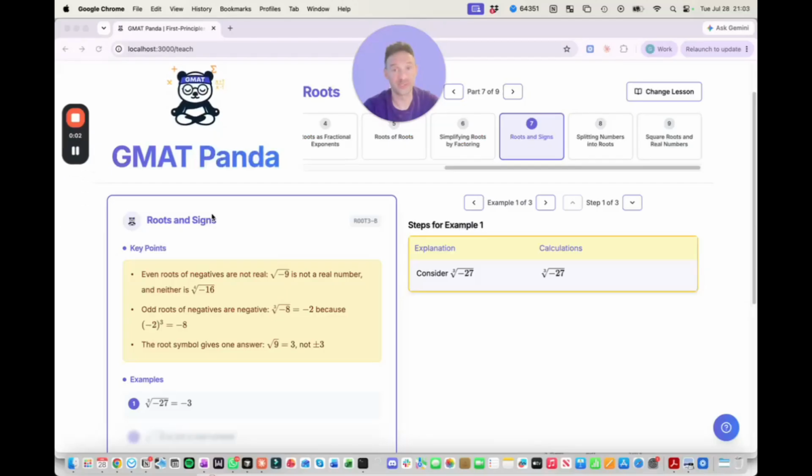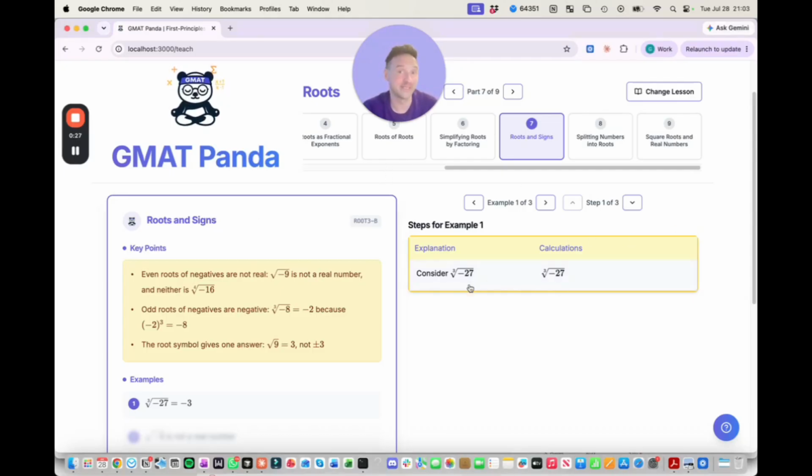Let's talk about roots and signs. So you may already know that we can't take a square root of a negative number in math, or at least in conventional math. But we can take the cubic root of a negative number, and let's see why.